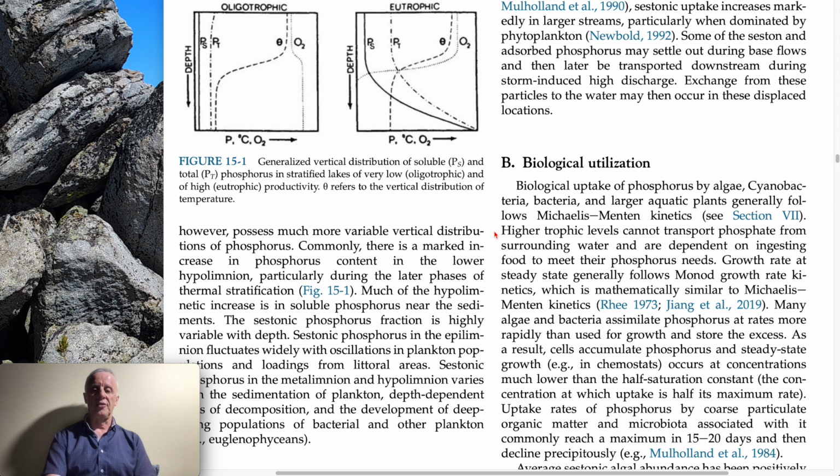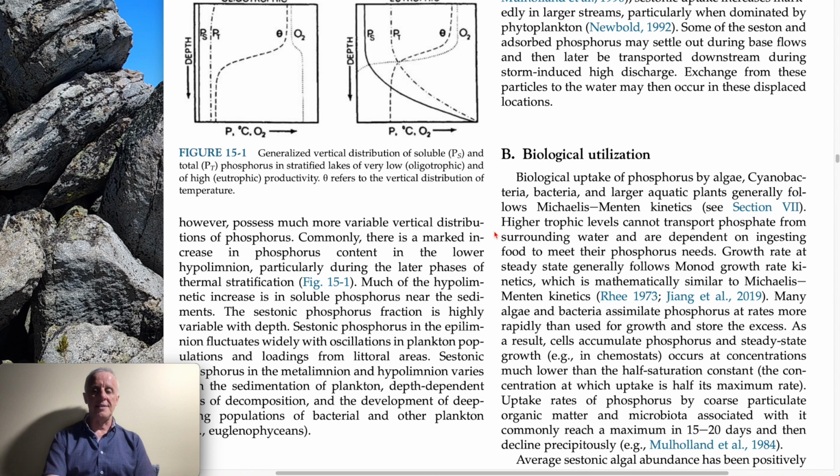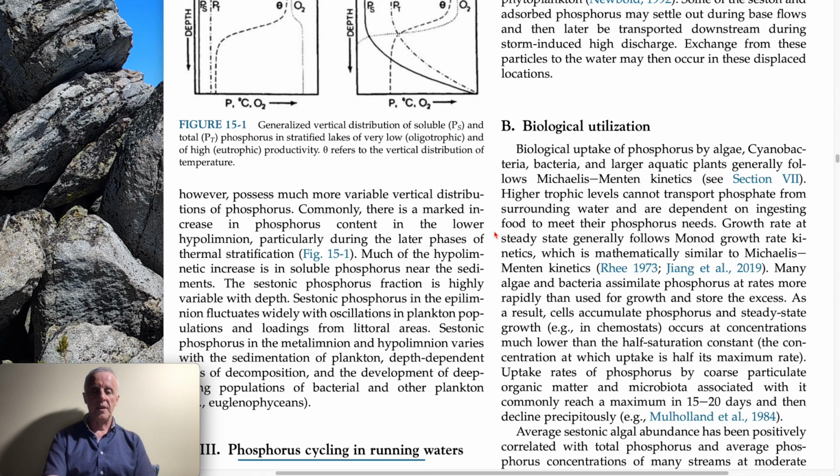Some of the seston and adsorbed phosphorus may settle out during base flows and then later be transported downstream during storm-induced high discharge. Exchange from these particles to the water may then occur in these displaced locations.